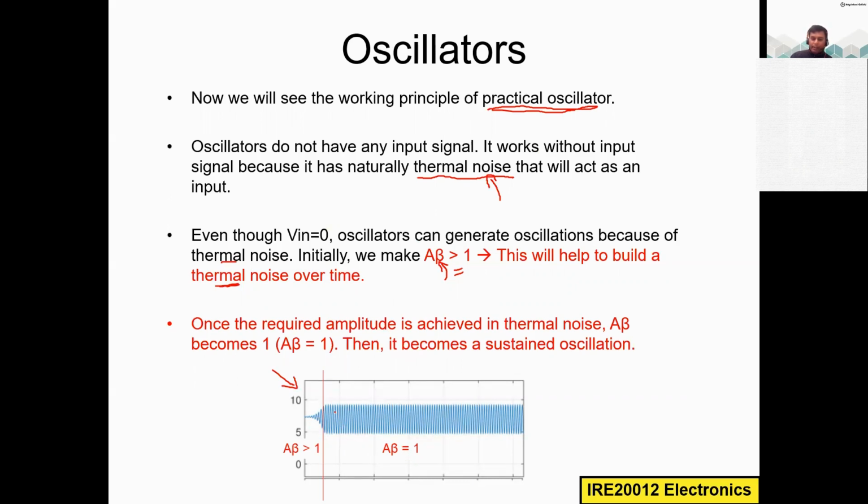Then it will maintain this amplitude at the output. So just remember, there is no input signal to the oscillator; just thermal noise acts as an input. After it reaches a certain value, we can maintain that, and the oscillator will produce sustained oscillations.